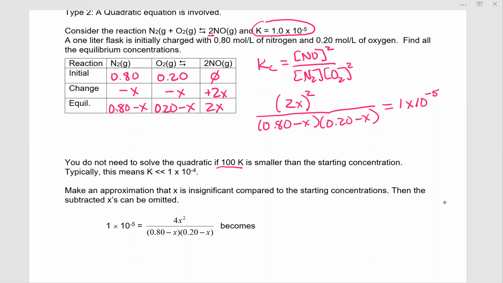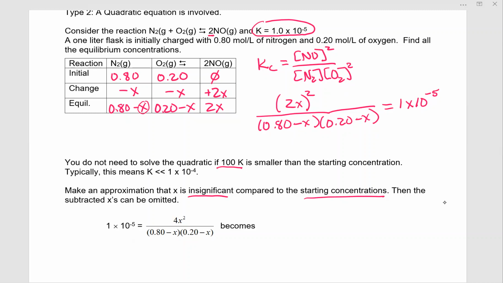Well, if x is very, very small compared to 0.80, then we can essentially say that this concentration for the nitrogen is 0.80. We can make that assumption.